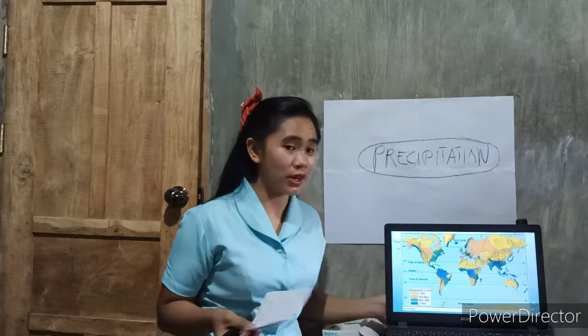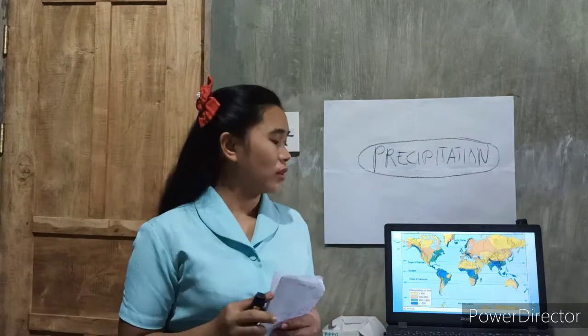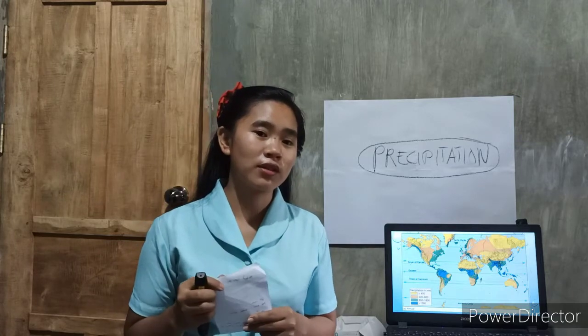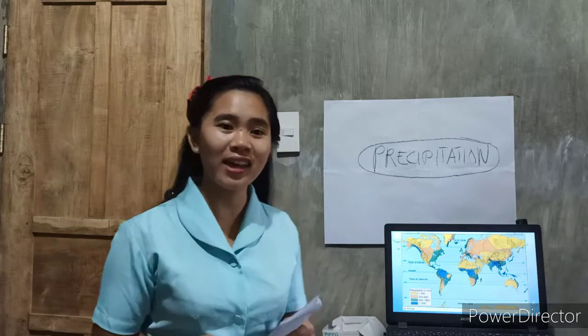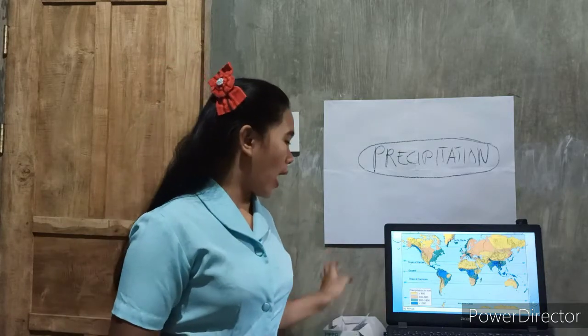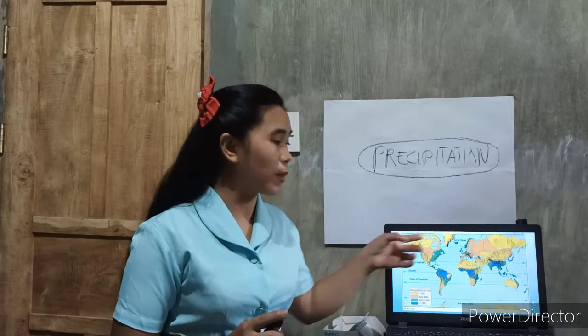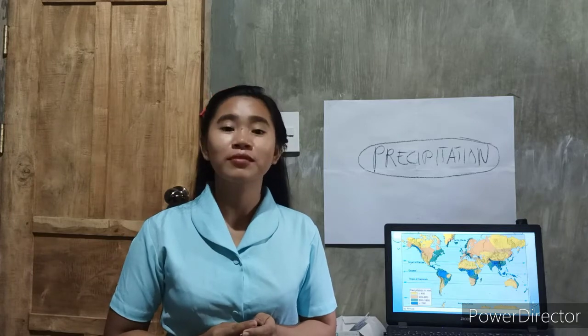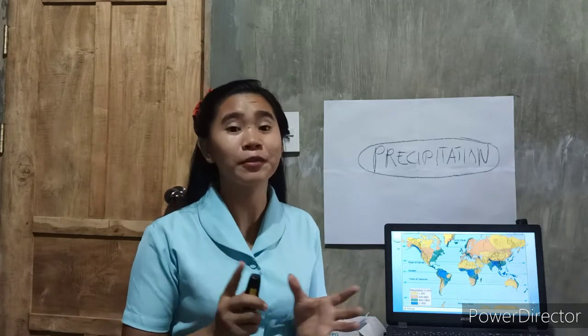I am going to pick your names from the numbers you have given me. Go ahead and try to answer the question, why is the distribution of precipitation like this? Yes, very good. You have a point.